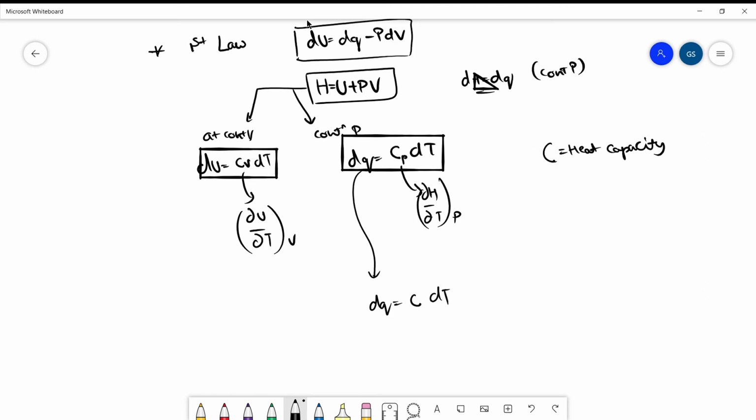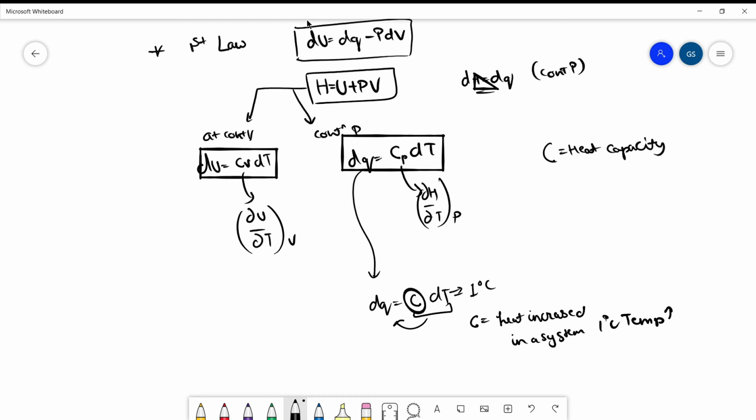So C is a factor which is multiplied with temperature, and that gives heat. If we take dT as 1 degree, then C is nothing but the heat increased in a system when there is a 1 degree temperature rise.